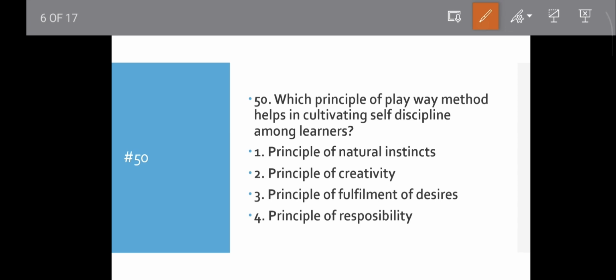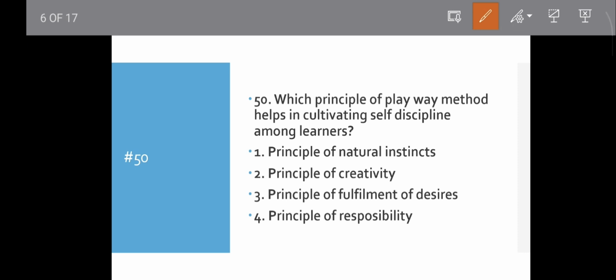Question number 50. Which principle of the playway method helps in cultivating self-discipline among learners? Option 1, principle of natural instinct; principle of creativity; principle of fulfillment of a desire; principle of responsibility. Which will be the correct answer?